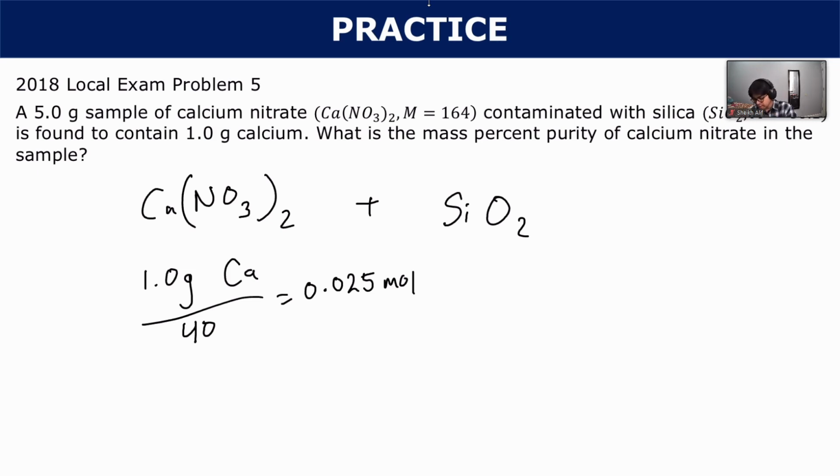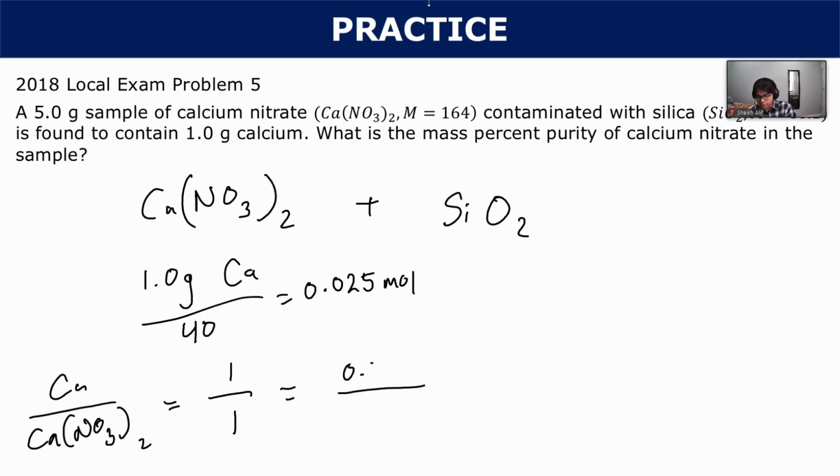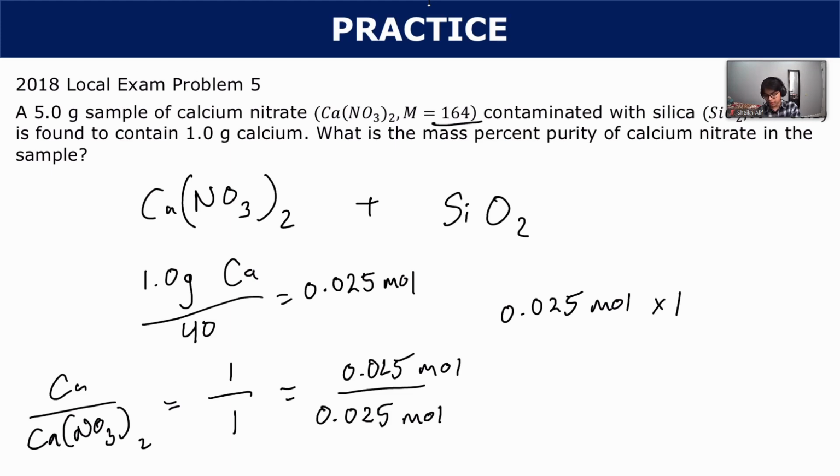So if calcium and calcium nitrate are in a 1-to-1 ratio, if we know that we have 0.025 moles of calcium, then that means we're going to have 0.025 moles of calcium nitrate. We know that we have 0.025 moles, and the molar mass is given right here, 164. And so that means it's going to be about 4.1 grams.